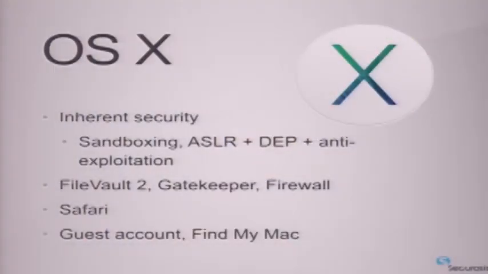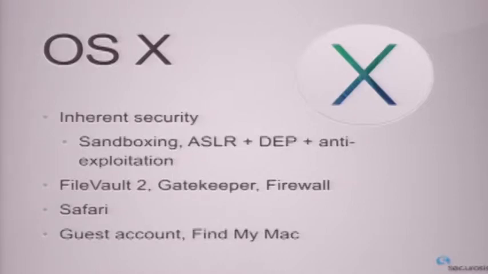And ASLR, which is address space layout randomization, means core areas of the system memory are randomized every time you reboot your Mac. Why does that matter? Because if the bad guy finds a very fundamental flaw in your system to execute arbitrary code, he usually has to directly manipulate memory locations to hook in to be able to do something bad.